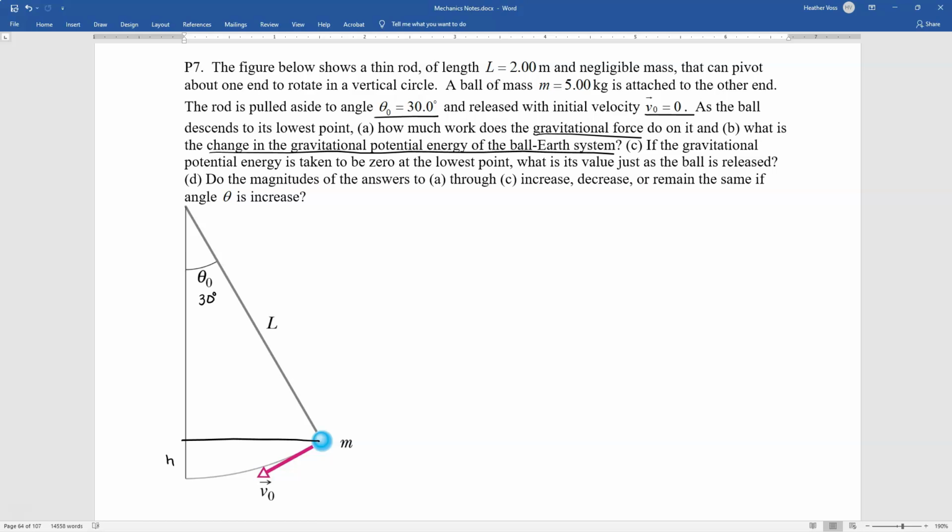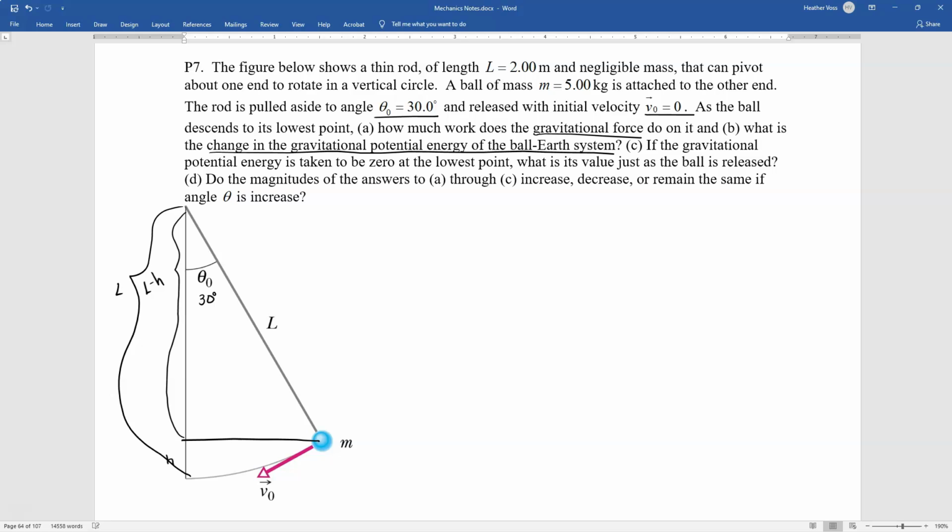At the lowest height, this entire thing is L, right? So I need to figure out how big this is, because this is going to be L minus h.